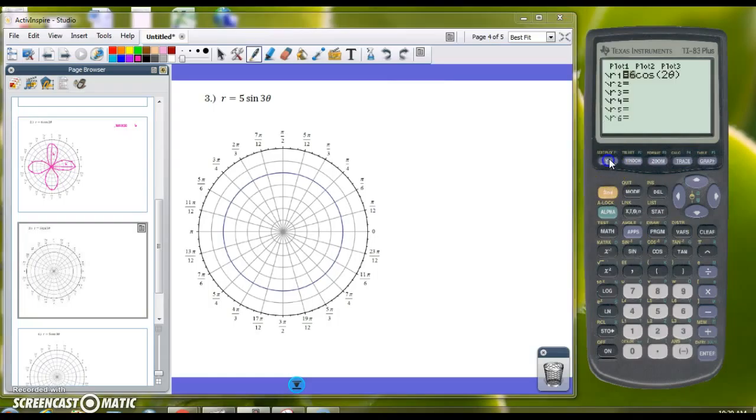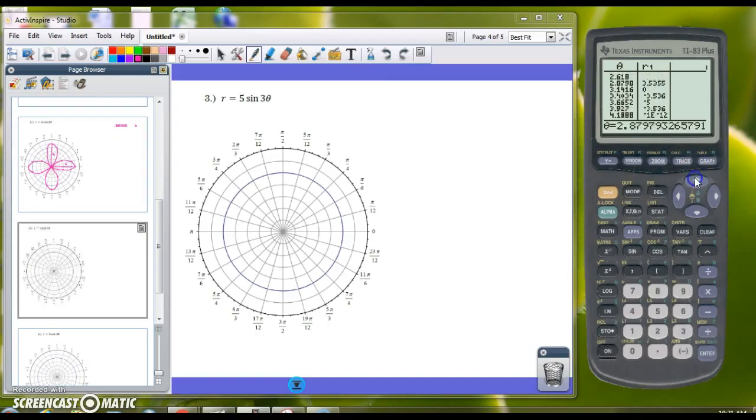If you go back to your calculator and change those numbers, we've got 5 sine of 3 theta. If you graph it, you'll see what it's supposed to look like. And we can go to the table and get those values.